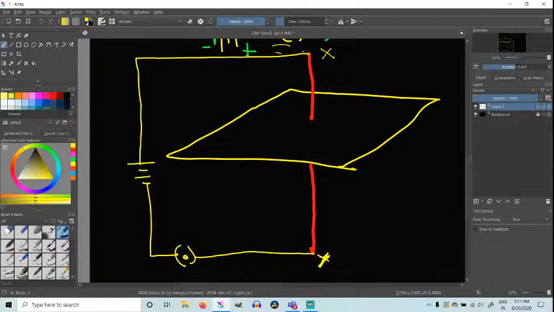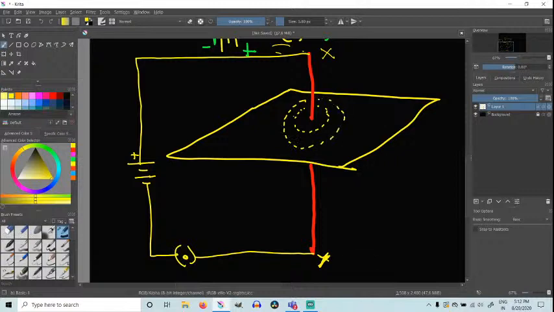When I plug in the key, before that I sprinkle some iron filings on it, and now when I plug in the key, I start tapping, and what do I see? I see that my iron filings are arranging themselves in concentric circles.